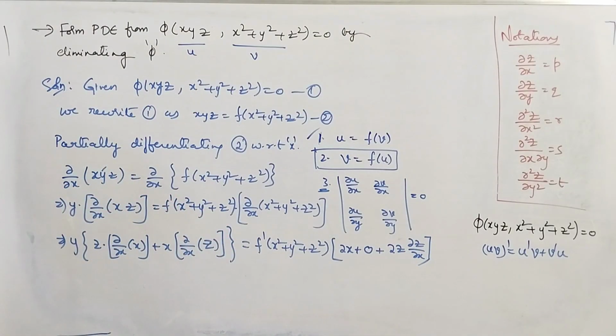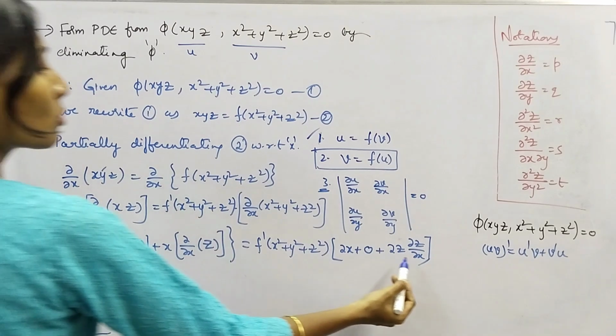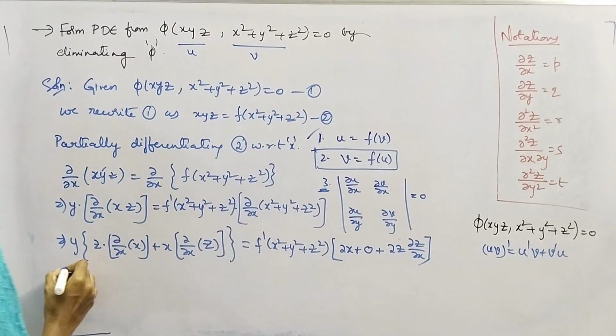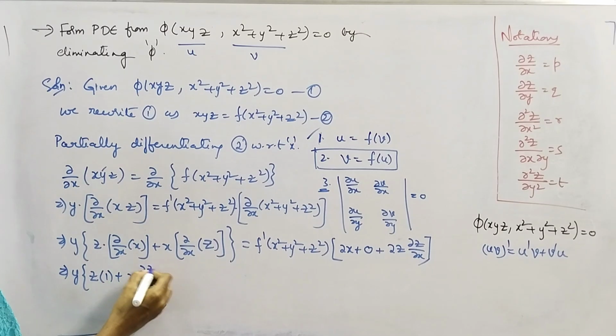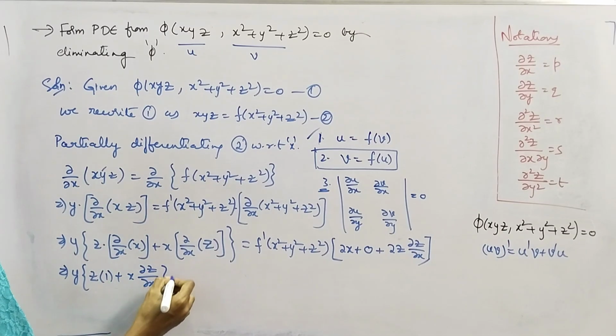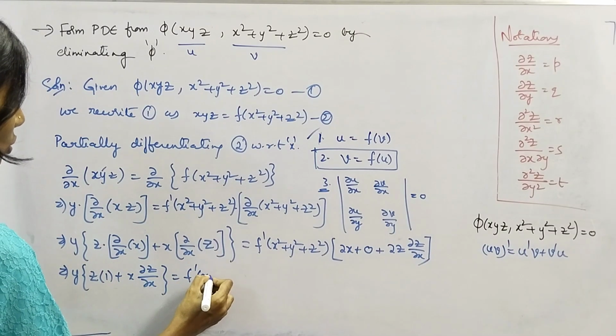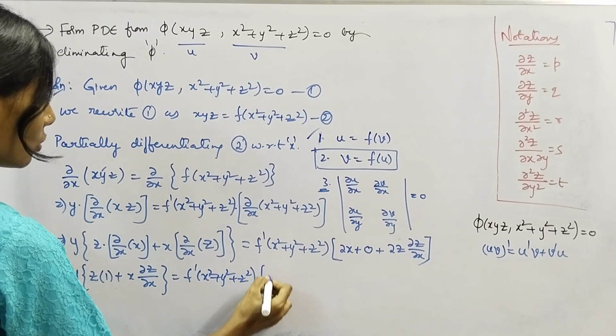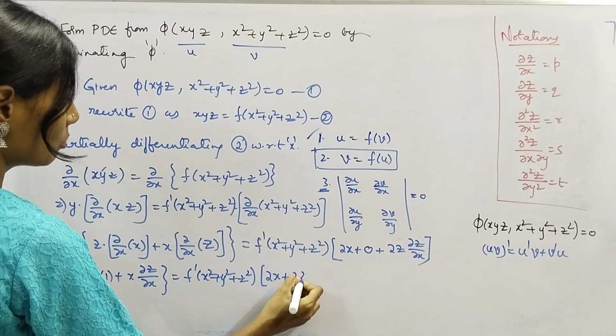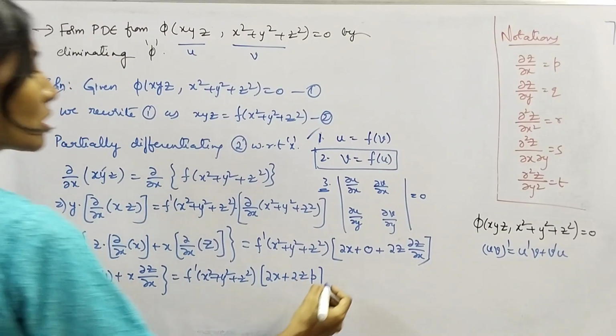Since we have a notation dou z by dou x equal to p, we'll just replace dou z by dou x using notation p. This gives us y times z into partial derivative of x with respect to x is 1, plus x into dou z by dou x equal to f dash of x square plus y square plus z square into 2x plus 2zp, since dou z by dou x equal to p.